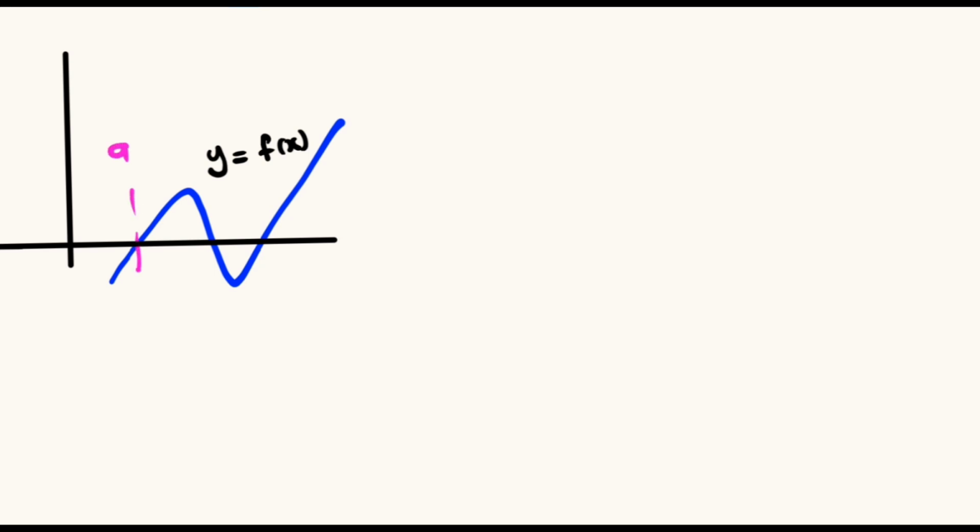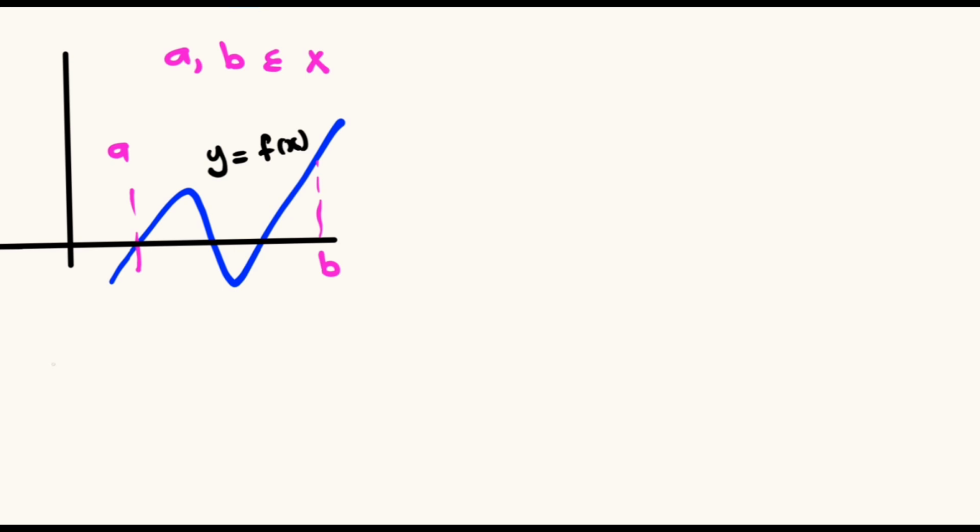Suppose we wanted to calculate the length of our function y is equal to f of x from the point A to the point B, where A and B are elements or coordinates of x.